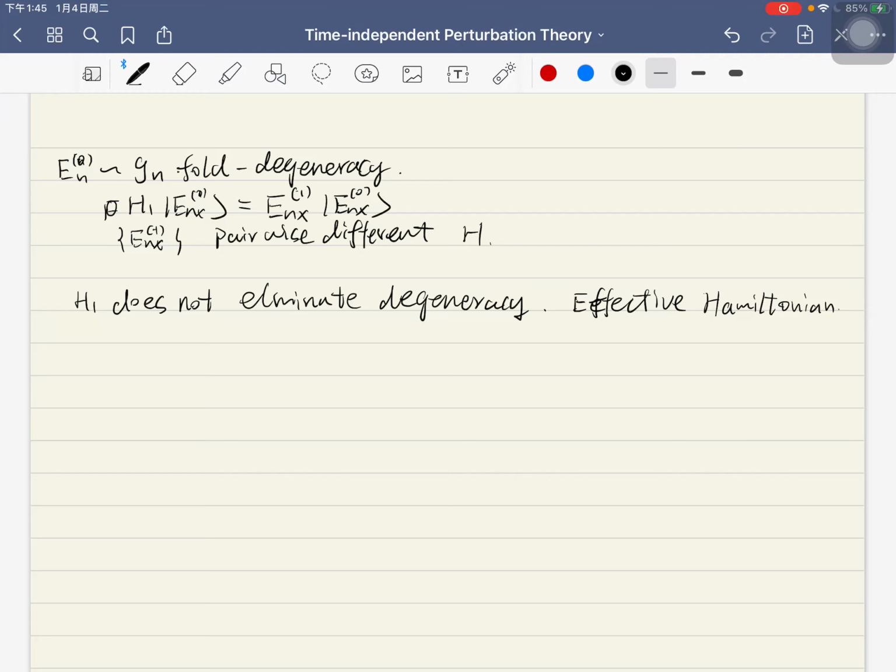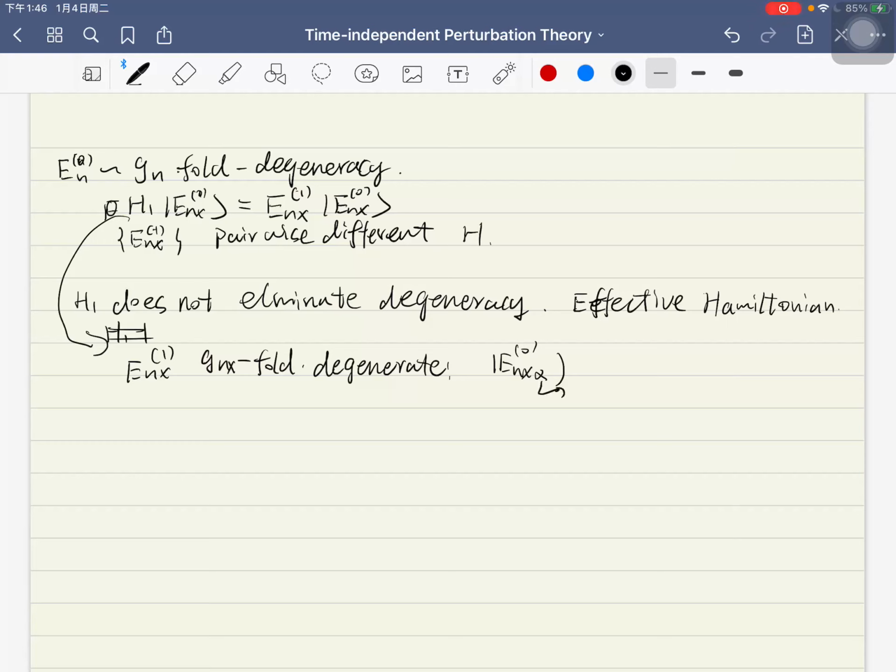So, first of all, we assume E_nx^1 is G_nx-fold degenerate, corresponding to the eigenstates |E_nx alpha^0>.